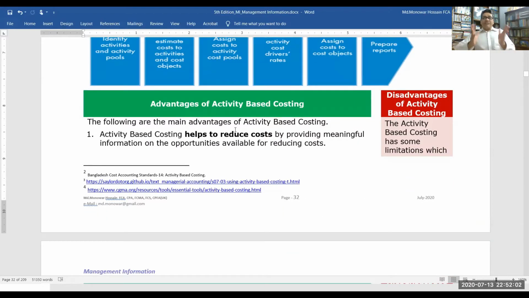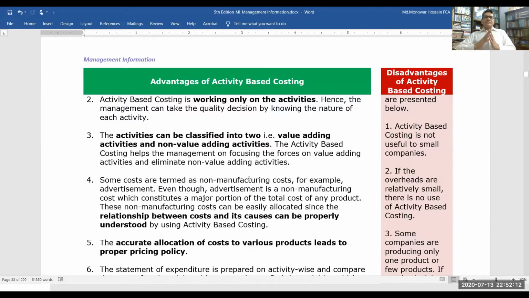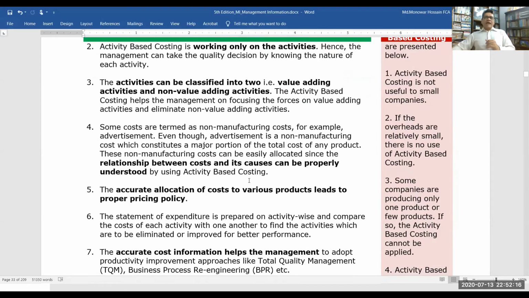So now the advantages of activity-based costing. It helps to reduce cost. Activity-based costing works only on the activities. So activities can be classified into two: value-adding activities and non-value-adding activities.